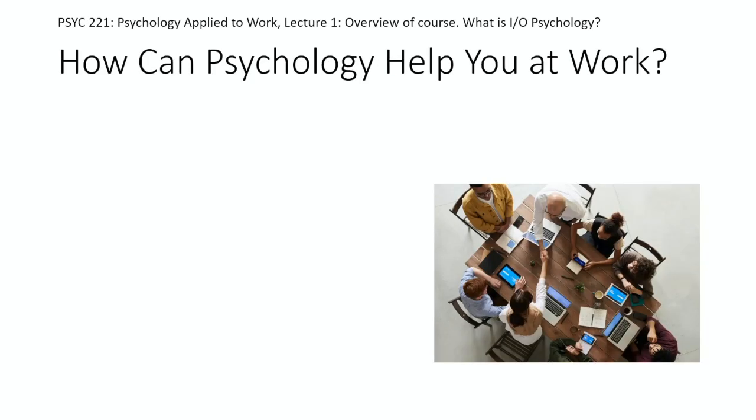Okay, so we'll finish up lecture 1 by talking a little bit more broadly about why you should be a student of psychology in the workplace. I mean, why should you, as someone who is already or is going to be a long-term member of a place called work, be a student of psychology?